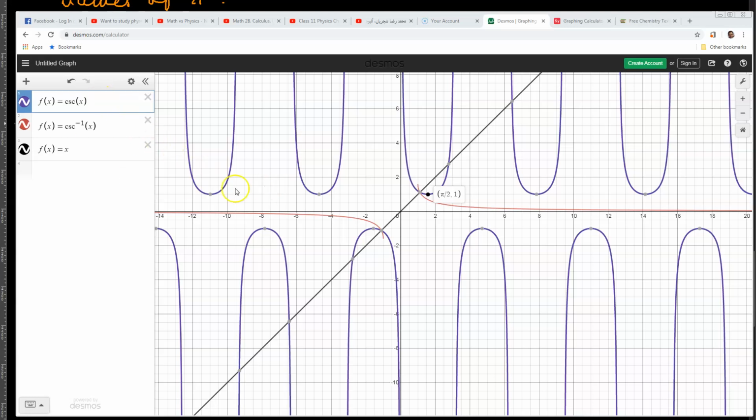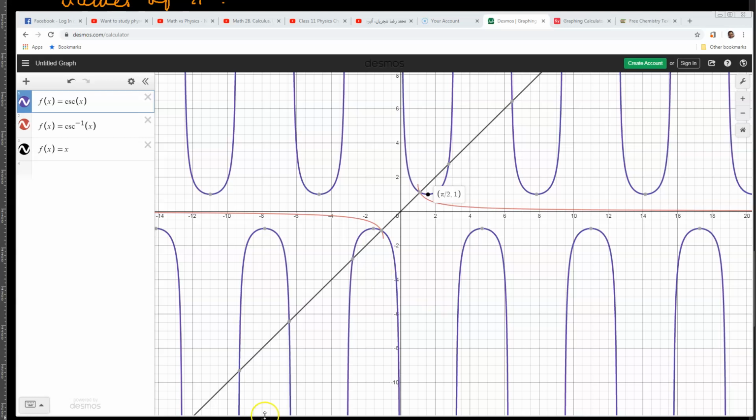But the calculator is not doing that, because it's giving you only the part which is actually defined in mathematics. The rest of the function it's ignoring. Okay, so that was the cosecant function.